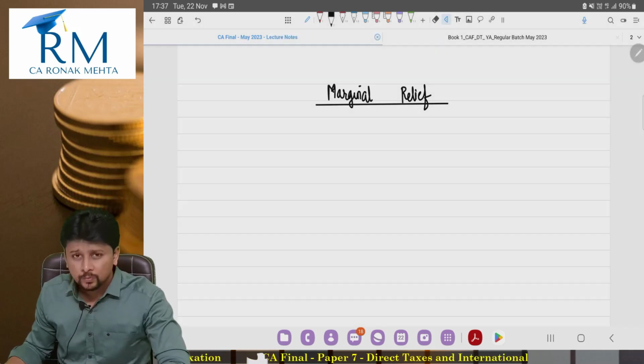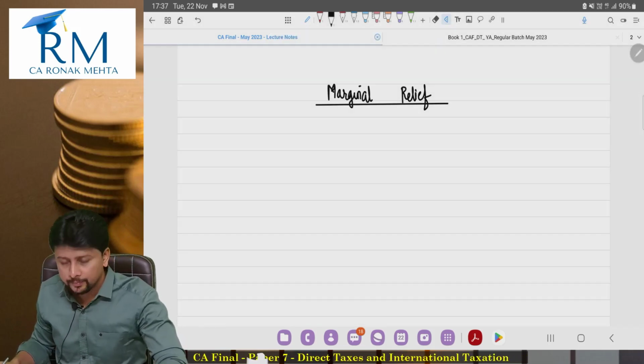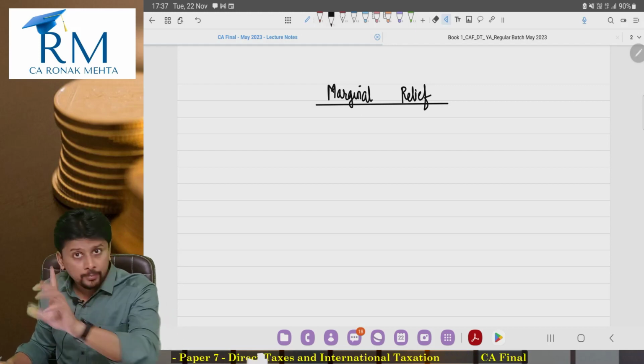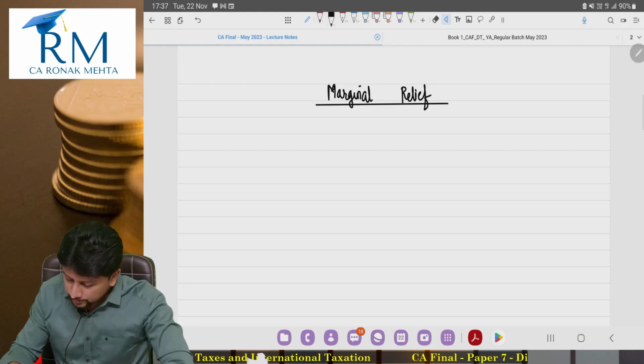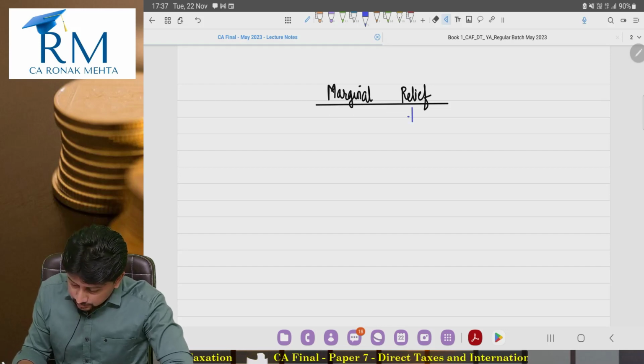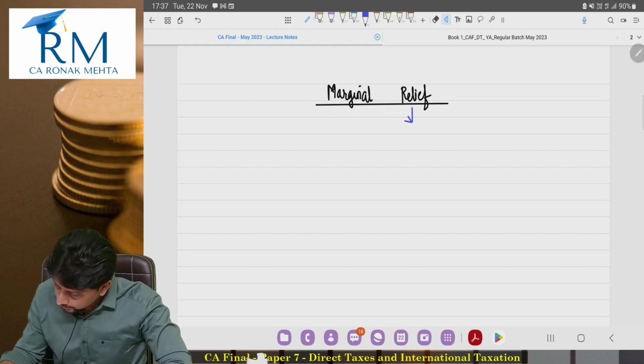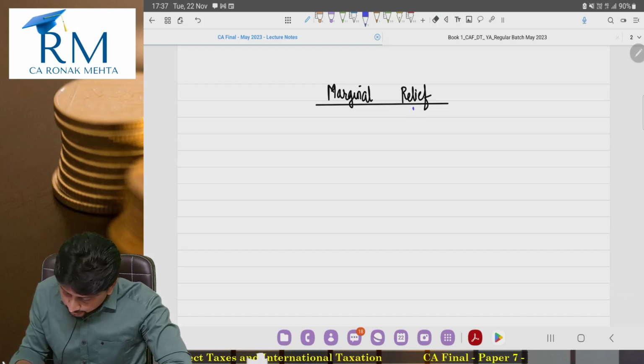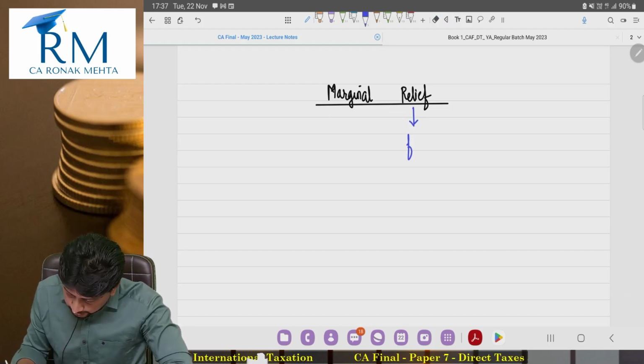Now, what exactly is this marginal relief? Some basic points to remember about marginal relief. Point number 1. This is a relief that you get if you are supposed to pay surcharge.